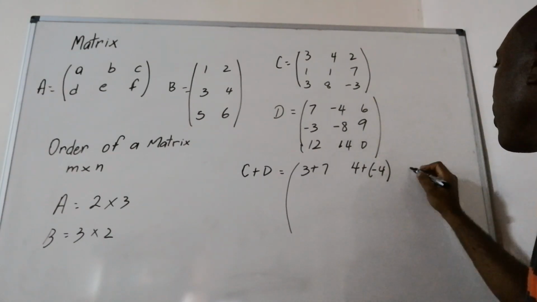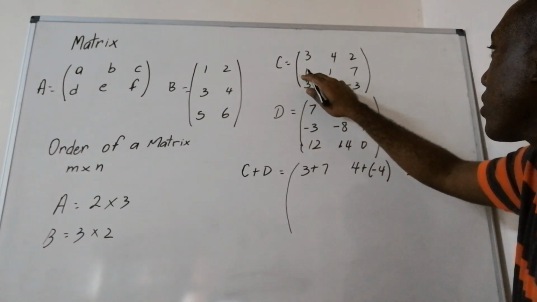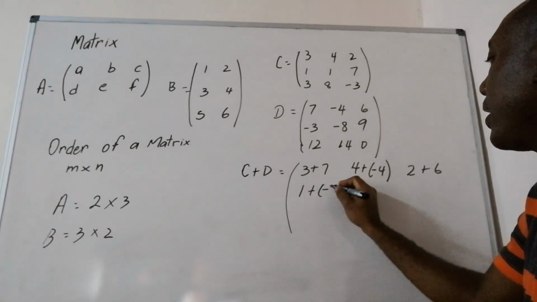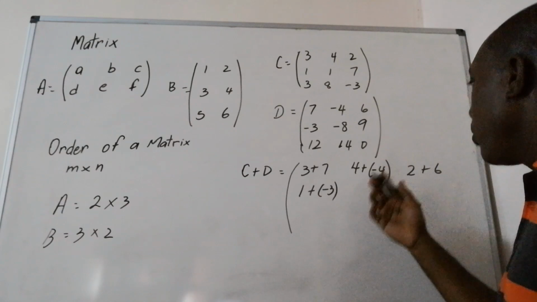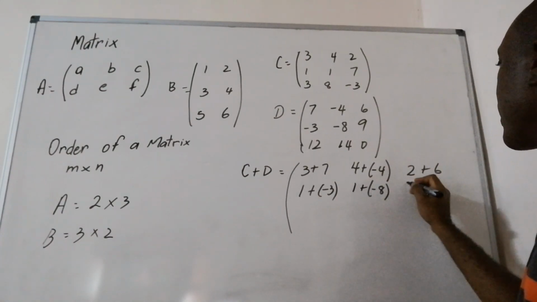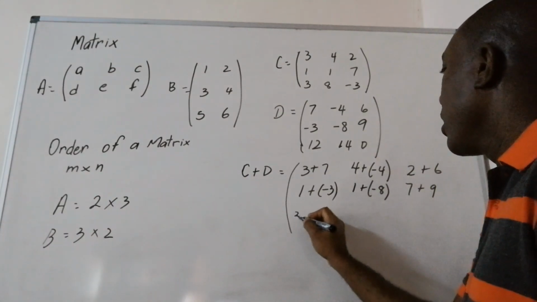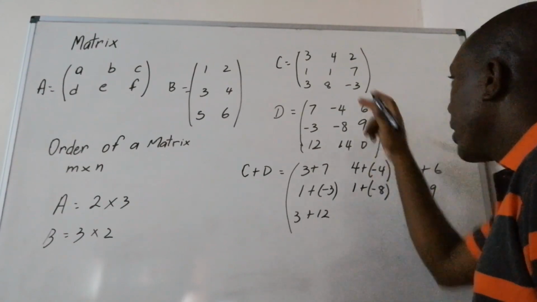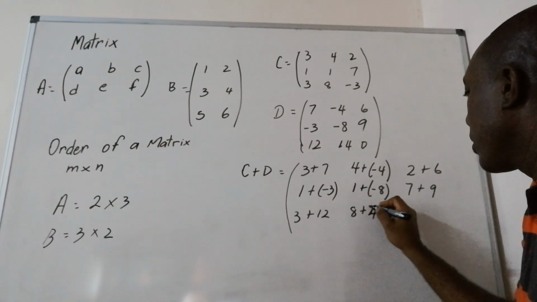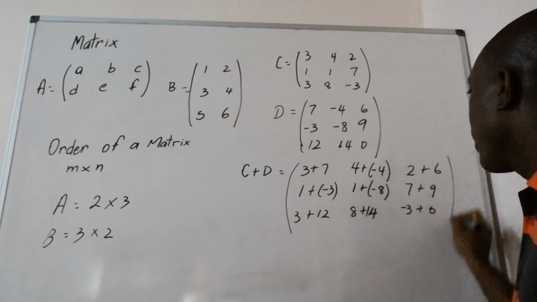First row, third column: 2 plus 6. Second row, first column: 1 plus negative 3. And we proceed like that. 1 plus negative 8, 7 plus 9, 3 plus 12, 8 plus 14, negative 3 plus 0.